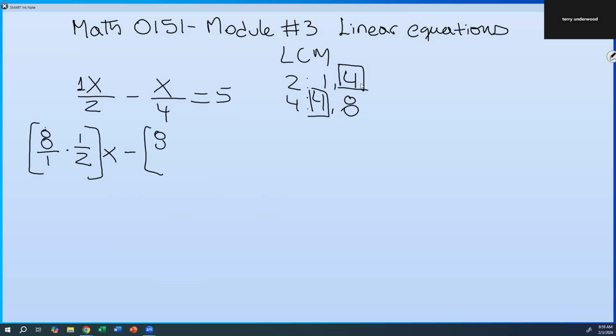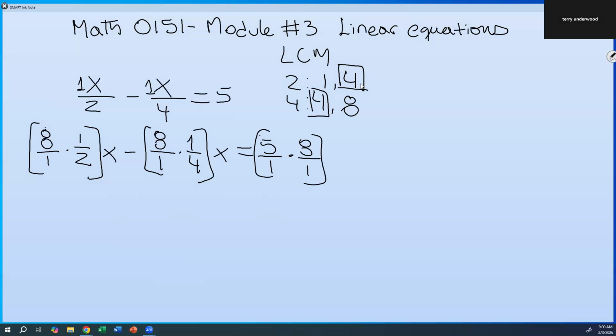It will also be 8 over 1 times 1/4, and I put also my x here. And then finally, I will have 5 over 1 times 8 over 1.